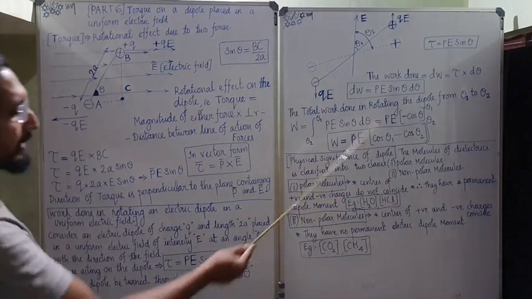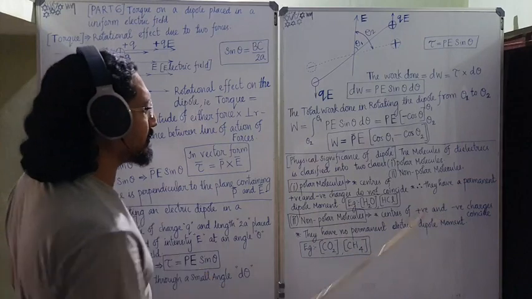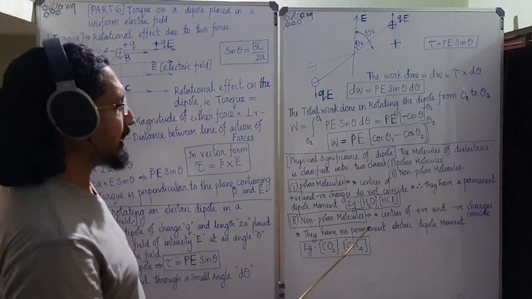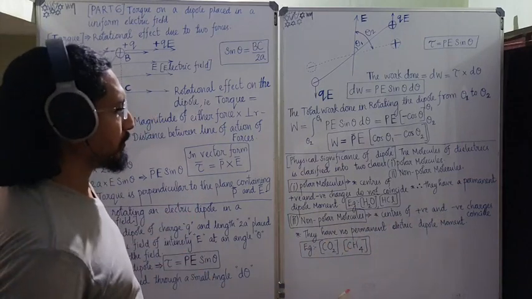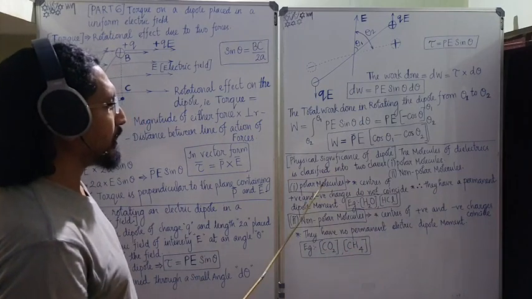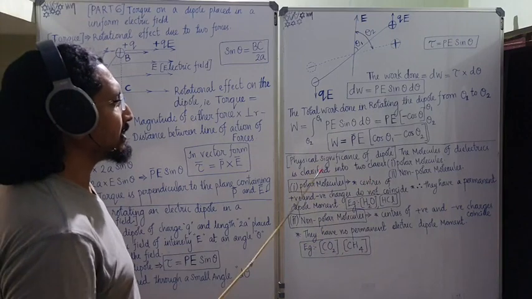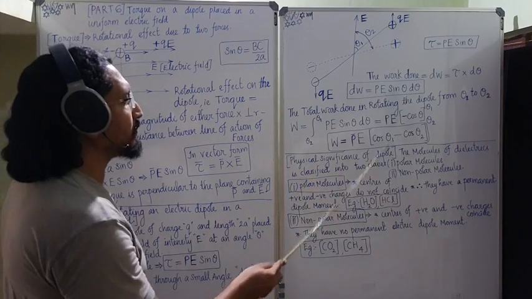Non-polar molecular dielectrics have centers of positive and negative charges that coincide, and they have no permanent dipole moment. Examples are carbon dioxide and methane. Remember that polar and non-polar molecules are included in the dielectrics.